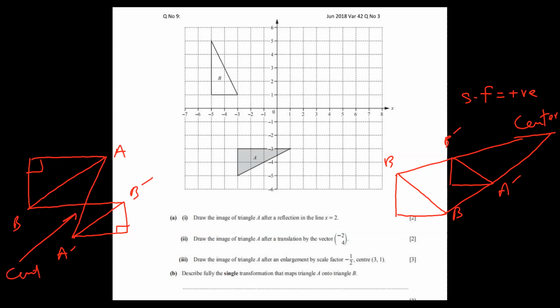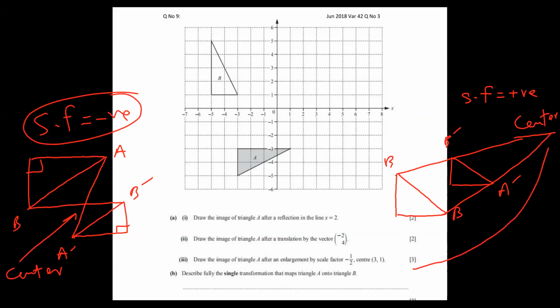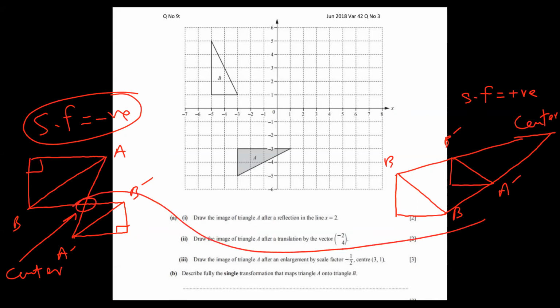When the center comes in the middle of the object and image, make sure the scale factor is always negative. This is a key point. I repeat again, it is a very important point. If the center comes on one side, it can be on the left side or on the right side, anywhere, then it is positive. But when the center comes in the middle of the object and image, like this, then it is always negative.